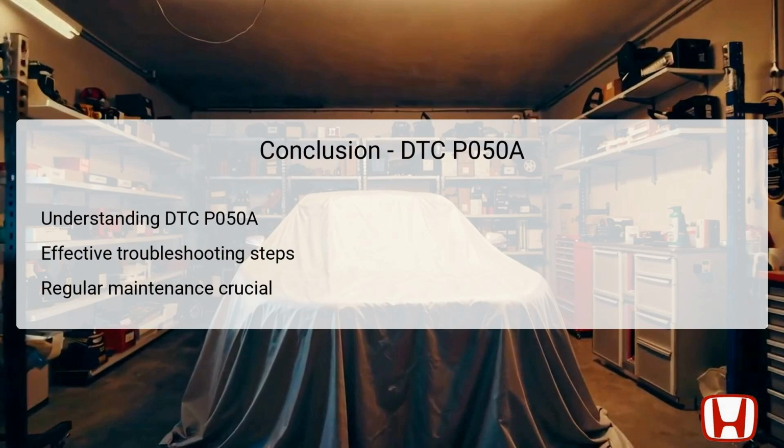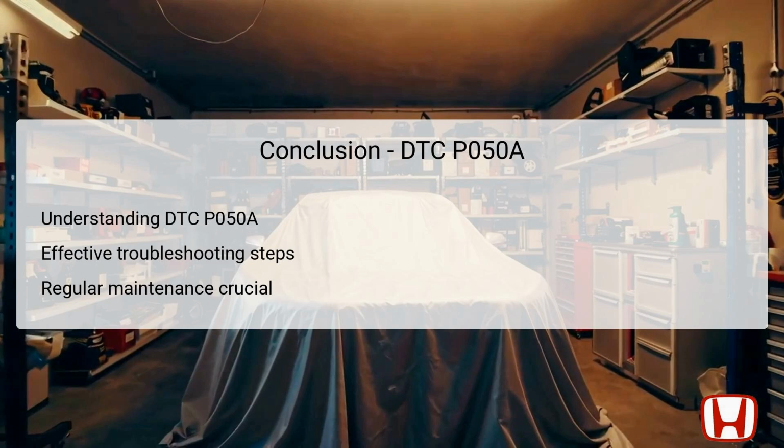In conclusion, DTC P050A is an essential code indicating a performance issue within the cold start idle air control system in the Honda CRV models from 2011 to 2016. Effectively diagnosing and troubleshooting this DTC requires systematic approaches, including visual inspections and component tests.